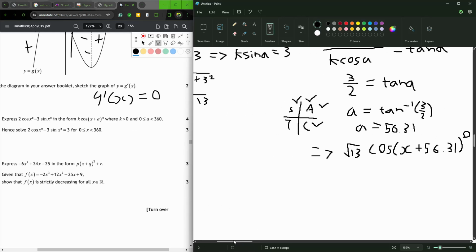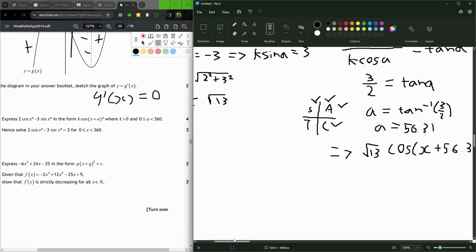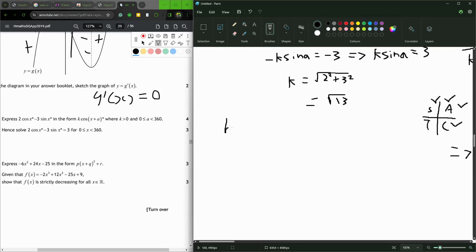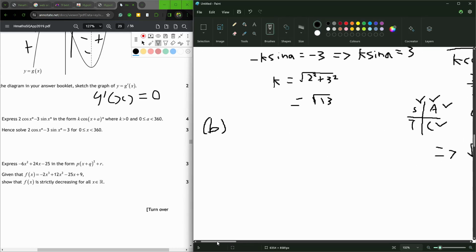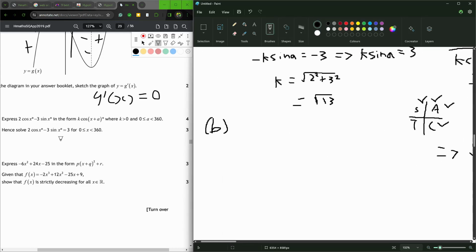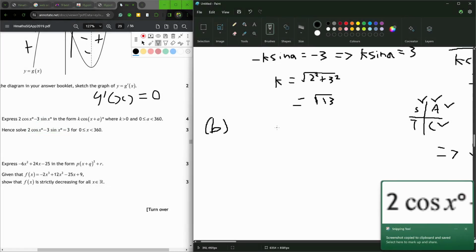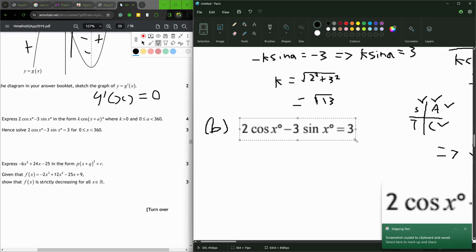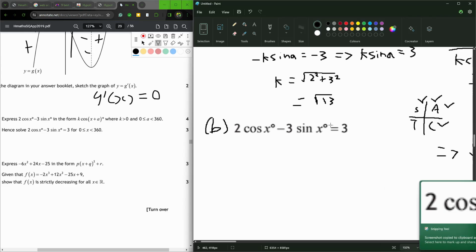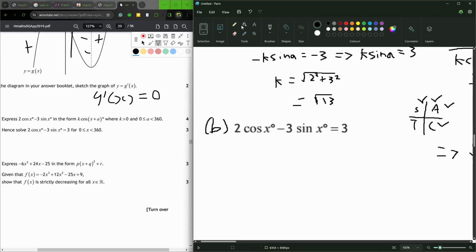And then we've got another part to this question, unfortunately. So if we move down to B, hence solve minus 2 cos X minus 3 sin X equals 3 in this interval. What we're going to do here is shamelessly steal the previous result.